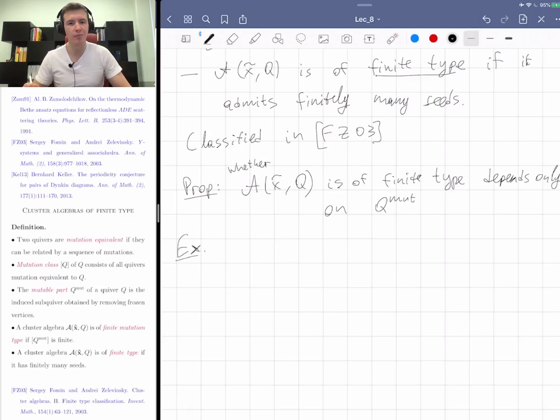Can you tell me some examples of a cluster algebra that's of finite type? Yes, thank you. An example is where Q is a path, then A of x tilde comma Q is of finite type.